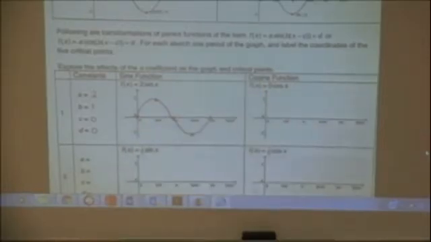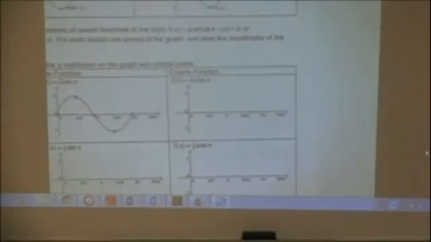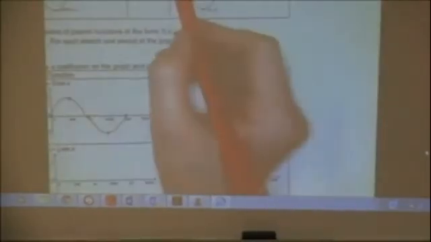It doesn't really look any different, and the reason why is because they scale it differently. I wish they hadn't, but they did. Is everybody good? So we're going to do the same thing for cosine. It's still just a vertical change, so it's only affecting the Y values.